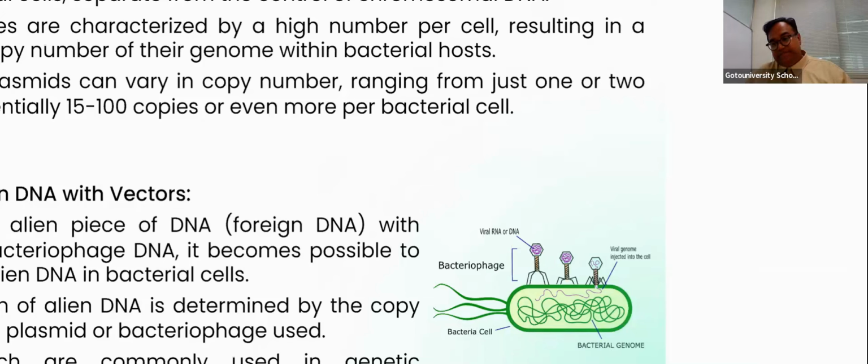This is a bacterium having flagella. This DNA is a bacterial genome. Cytoplasmic DNA or nuclear DNA, they have not mentioned now. In the bacteria, they just told bacterial genome, that's it.